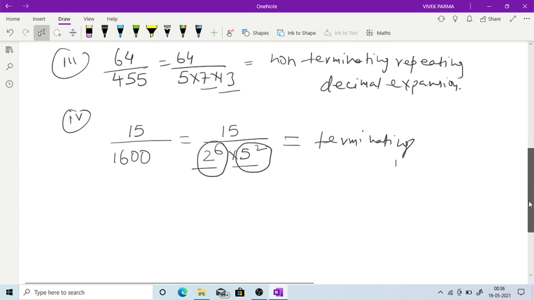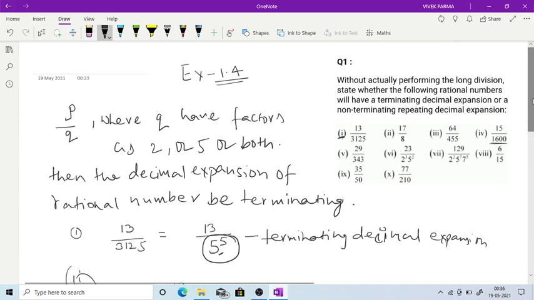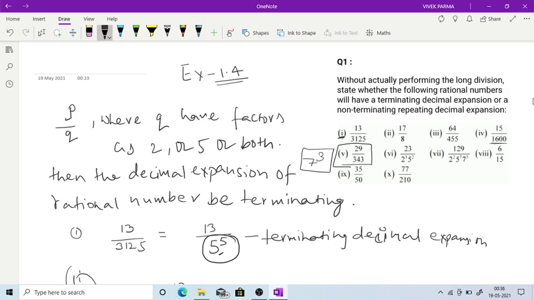See, for another, here is 29 upon 343, right? As we know, this 343 can be written as 7 cube, right? And the factor is only 7, right? It means the decimal expansion of this expression will be non-terminating repeating, right?